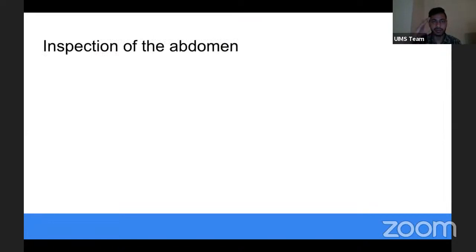Right, so we've done the head, we've done the face, we've done the mouth, we've done the arms. Now we're on to the fun things, I think. Now we're on to the abdomen. So as I mentioned before, in the general inspection, there are types of things that we need to look for. I'm going to be revisiting some of those in a bit more detail.